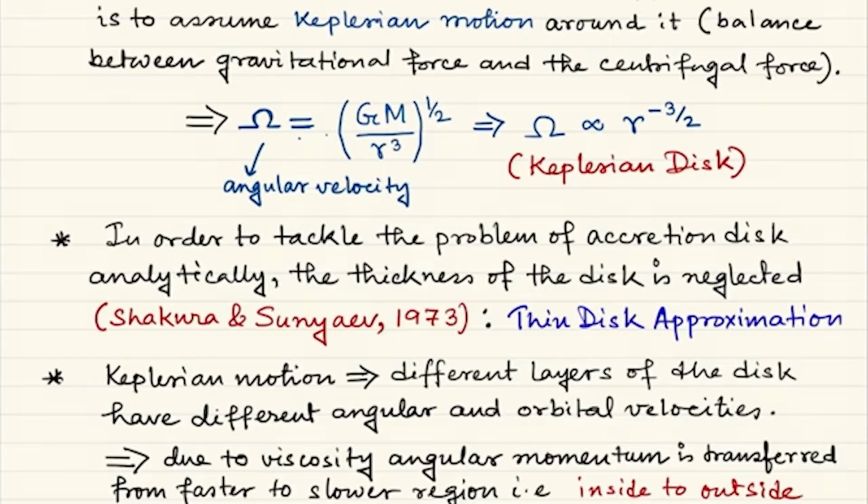And whenever they have a velocity gradient, if they have viscosity, viscosity will try to reduce that gradient by exchanging either angular momentum or linear momentum. So in order to reduce the linear velocity gradient, linear momentum is transported from the faster moving layers to the slower moving layers. And to reduce the gradient of the angular velocities, angular momentum is transferred from faster to slower moving regions. And what is the meaning of that? That means from inside to outside, right?